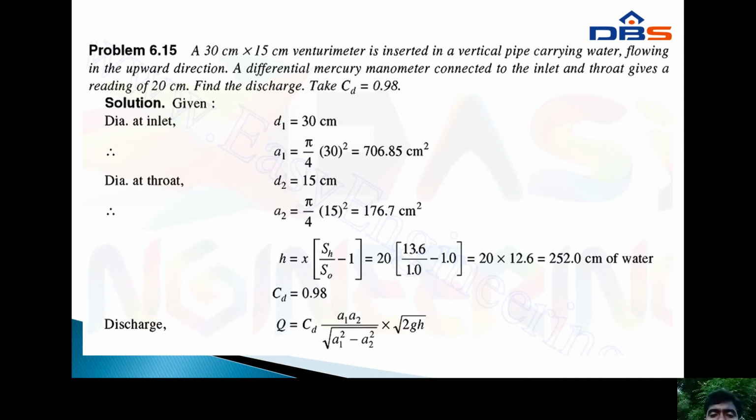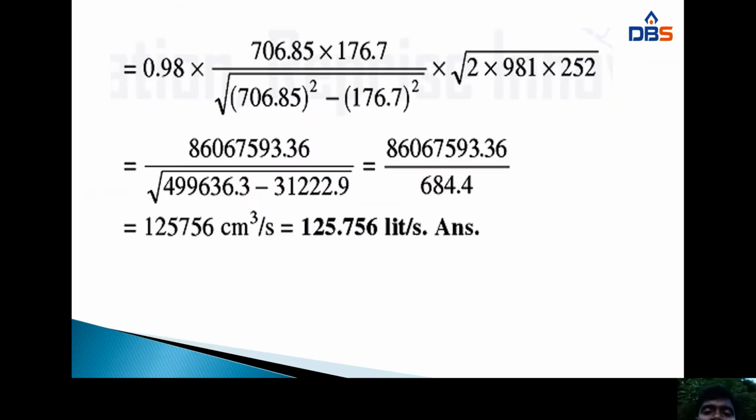Next, CD value is 0.98. Therefore, discharge Q equal to CD into A1 A2 by root of A1 square minus A2 square into root of 2GH. Therefore, the values are calculated. The discharge value is 125.756 liter per second.